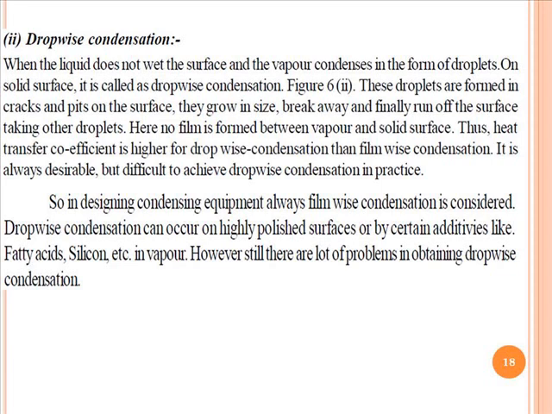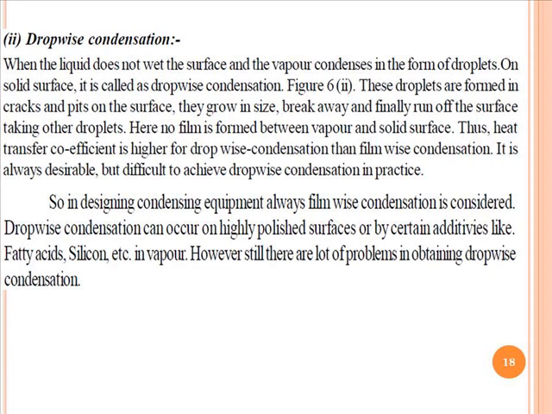The droplets are formed in the cracks and pits on the surface. They grow gradually in size, break away and finally run off the surface, taking other droplets along. Here no film is formed between the vapor and the solid surface. Thus the heat transfer coefficient is very high in drop-wise condensation compared to film-wise condensation.